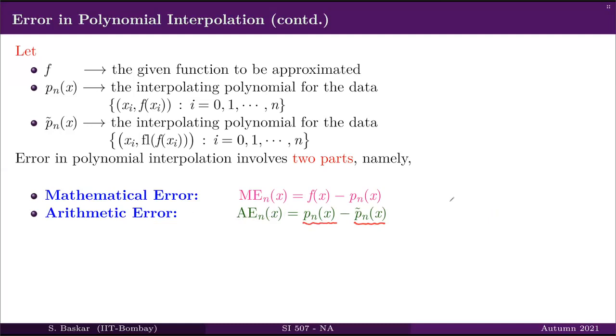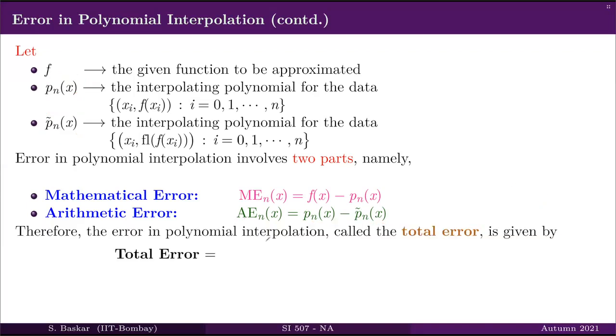Now you see, I want to have the value f of x, but somehow I prefer to go for an approximate value of this. So I gave a data set to my computer, thinking that it will give me this polynomial Pn of x, but the computer gave me this polynomial Pn tilde of x. Therefore, what is the total error involved in this process? It is f of x minus Pn tilde of x, right?